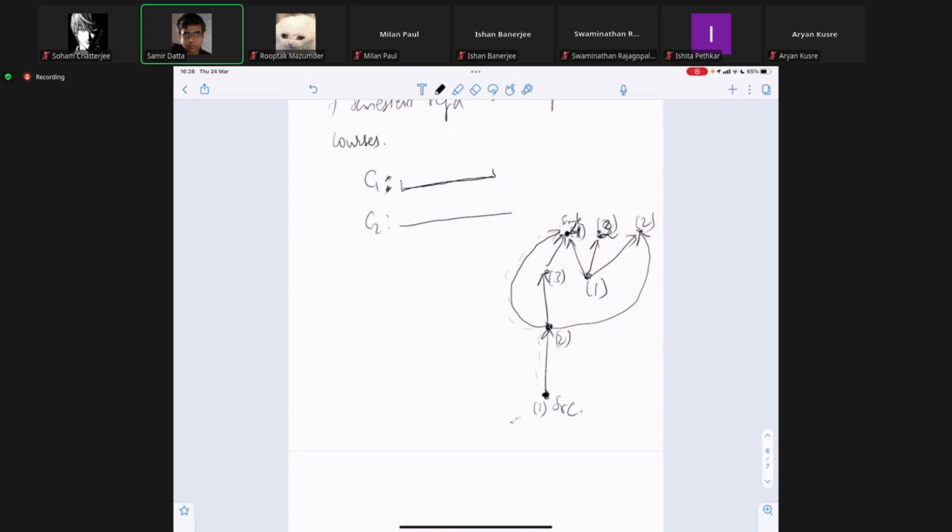Or let's do this in reverse. So let me put the reverse pointers from a prerequisite to a course, correct? So I will reverse these pointers. That makes it easier to see. And so what is the shortest path from this vertex to this vertex? Tell me.